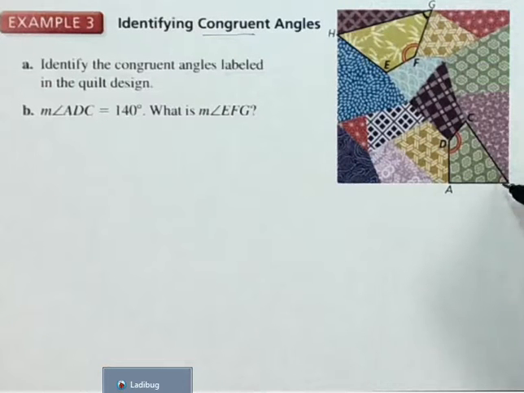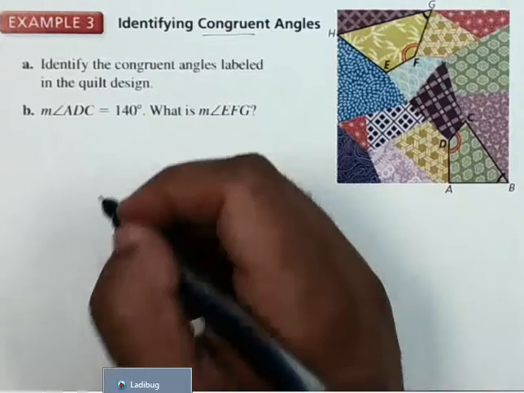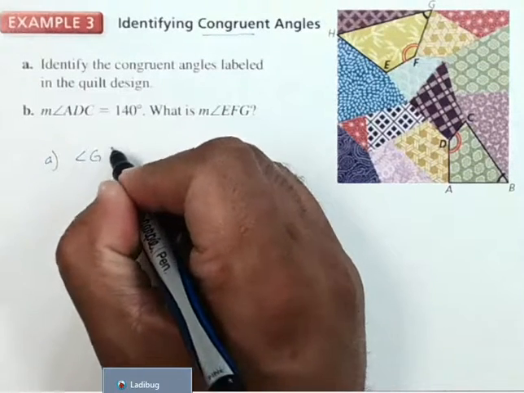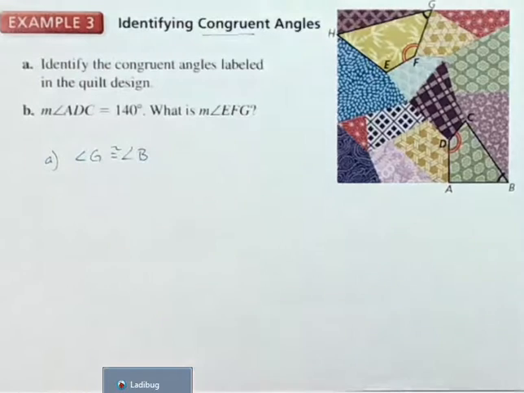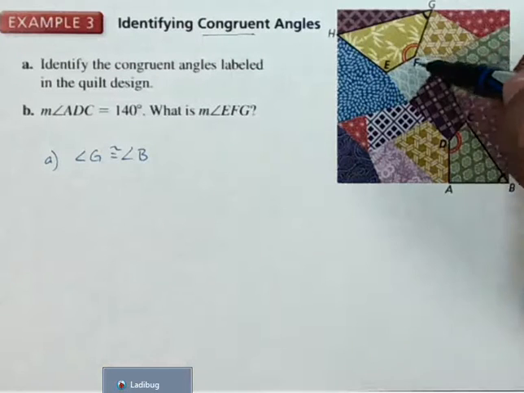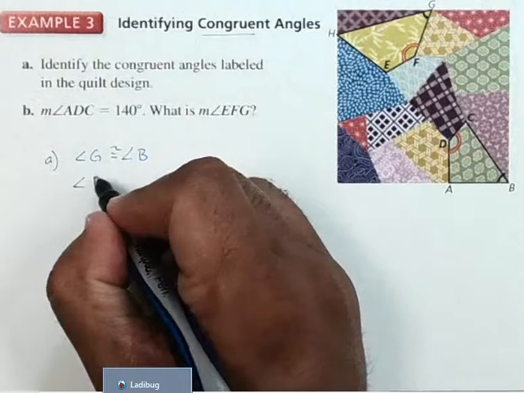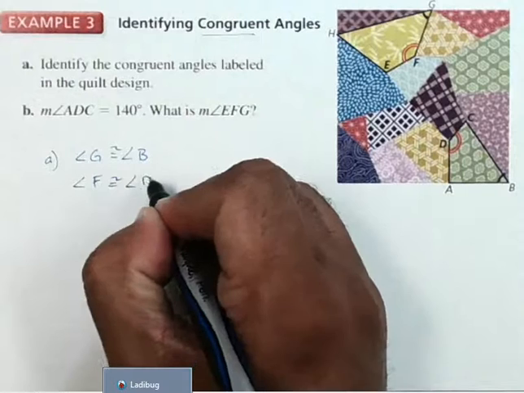And it might be a little hard to see on the screen, but angle B here also has one tick mark. So for part A, I would say angle G is congruent to angle B. And then F right here has two arches. Angle D has two arches. So that would mean that angle F is congruent to angle D.